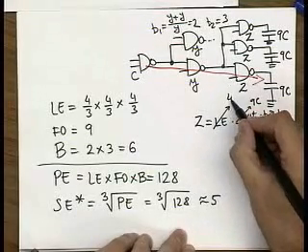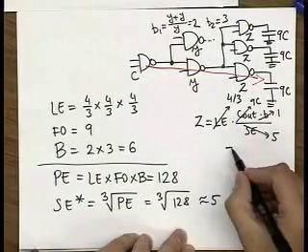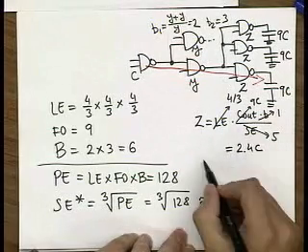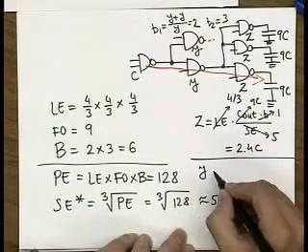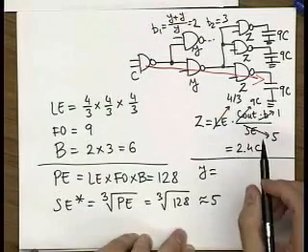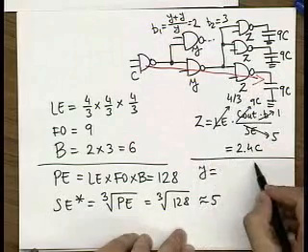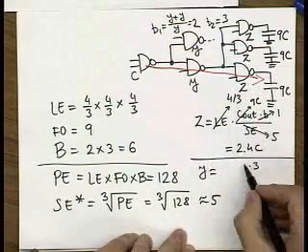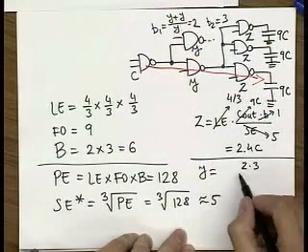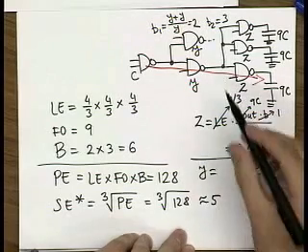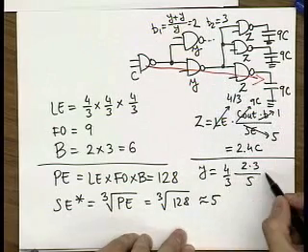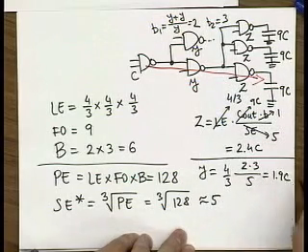Logical effort is 4/3. So you end up with 2.4C. And then finally Y is equal to branching at this node is 3. Output capacitance is Z. Stage effort is 5. And logical effort is 4/3. You end up with 1.9C.